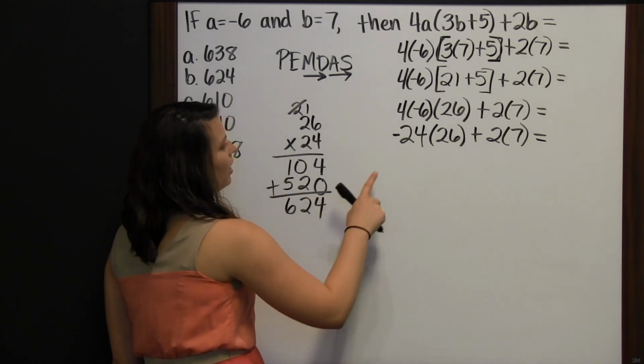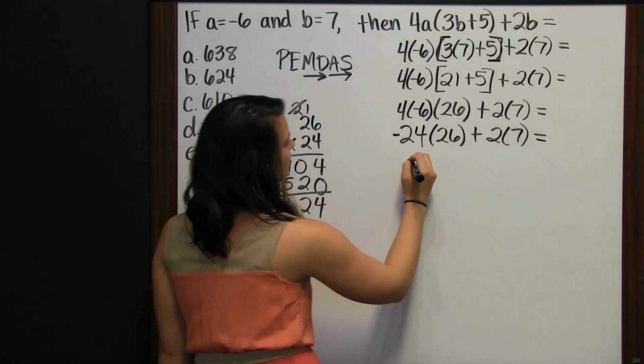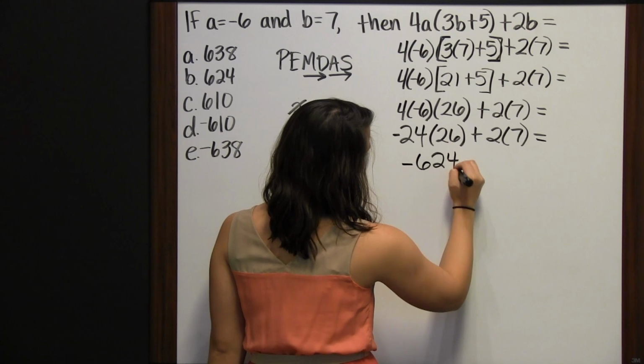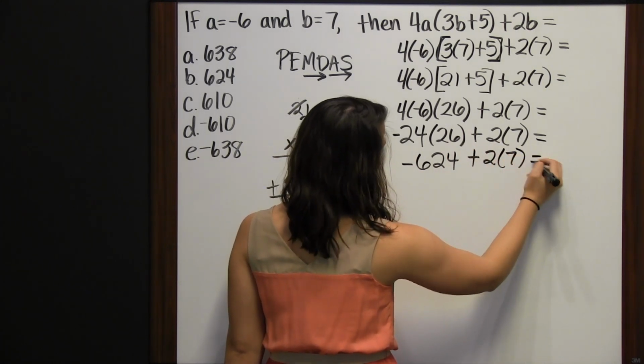But it was a positive 26 times a negative 24, which means it's a negative 624 plus 2 times 7.